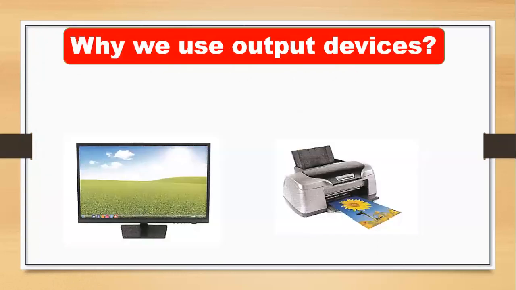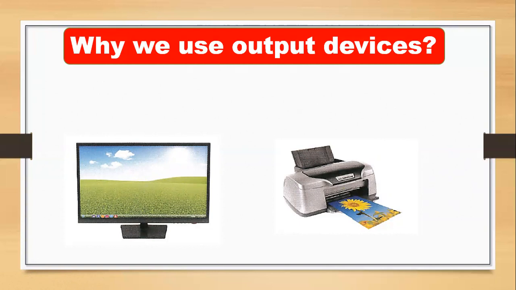Now look at the two pictures on the screen. The first output device is the monitor, and the second one is the printer. The monitor gives us visual effects.